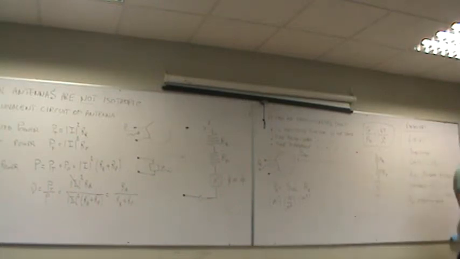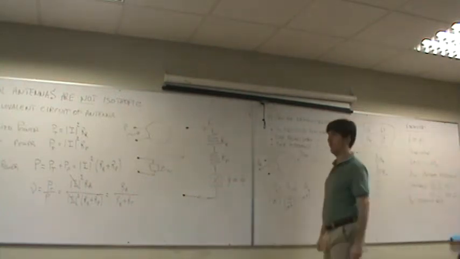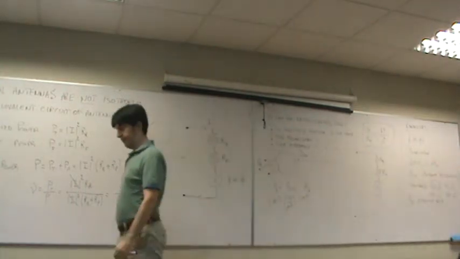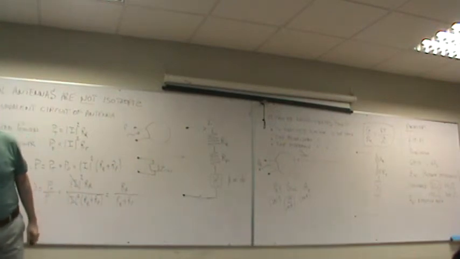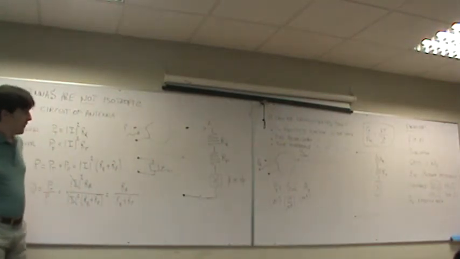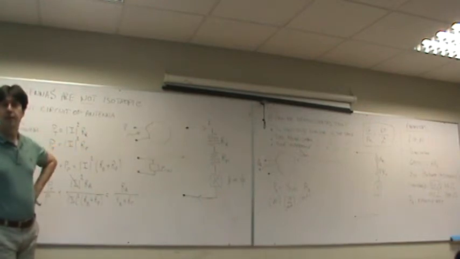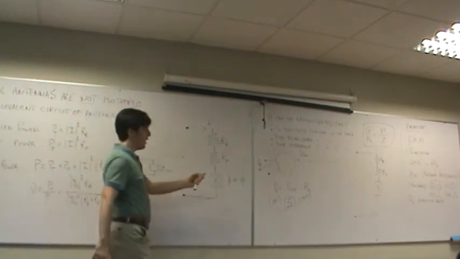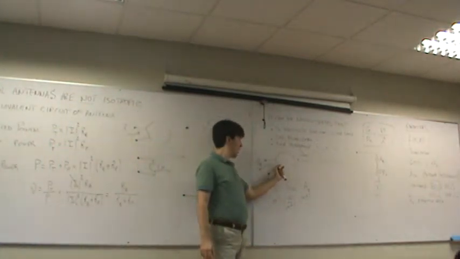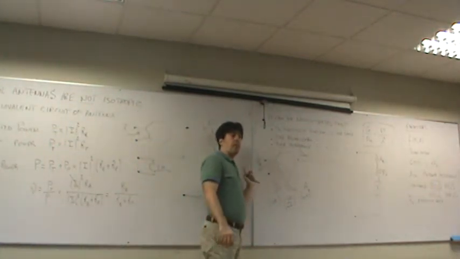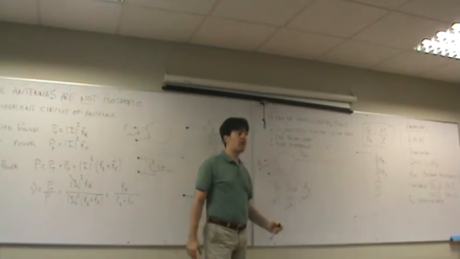And now we're missing something here. What are we missing in this model with respect to that? What is the antenna doing now? It's transferring some power to the receiver. So what is missing there?